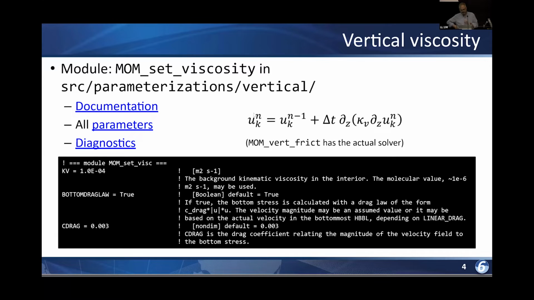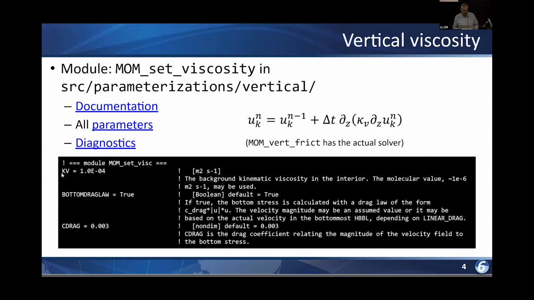And that solver is an implicit backward in time solver, which is something we do for both vertical viscosity and vertical diffusion, because the grid is able to get to such small scales that we would otherwise be limited in the time step. So we do everything fully implicitly in the vertical for stability reasons. So the solver is basically solving something of the form of this Euler backward fully implicit step.